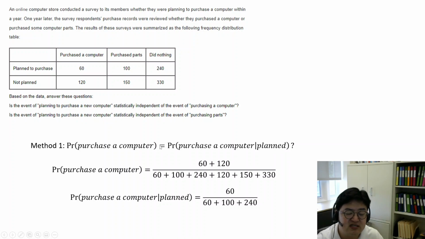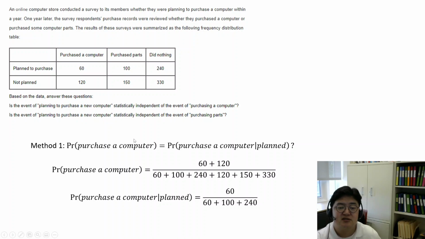So if this equality holds, then the two events are independent. I believe you remember what it means. Conditioning on plan or not, the probability of purchasing a computer does not change. That means they are independent.